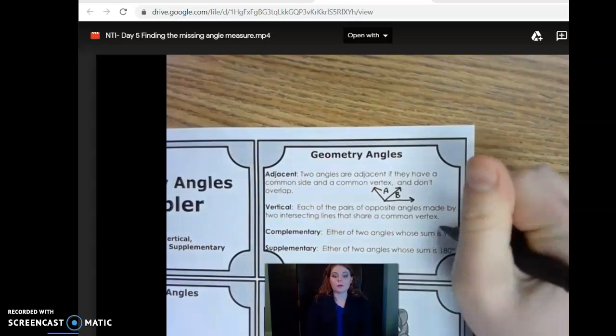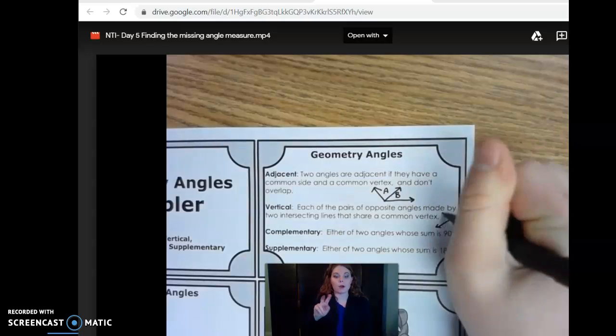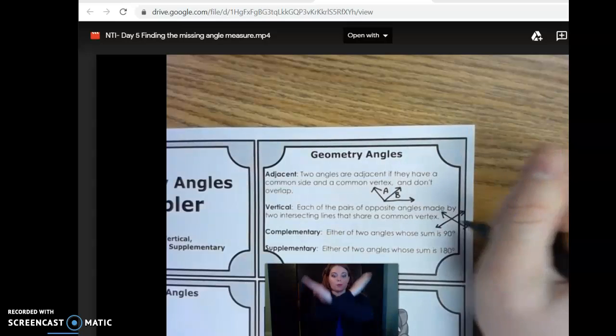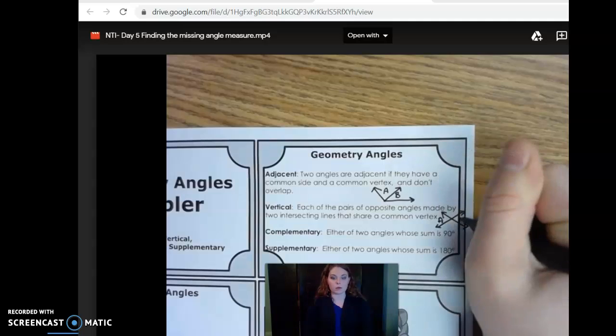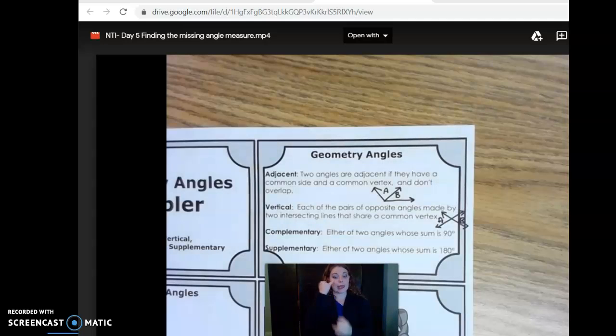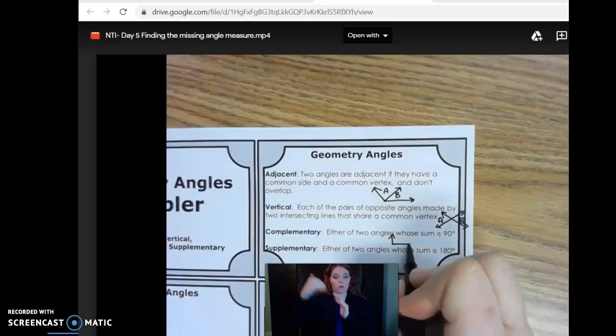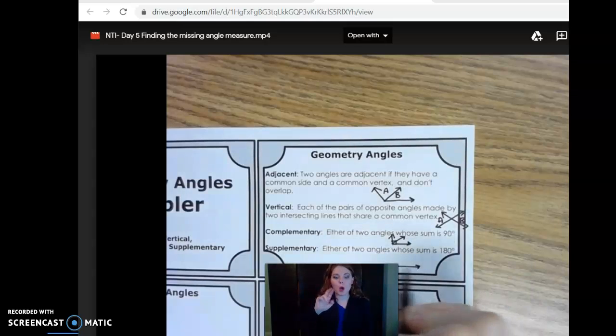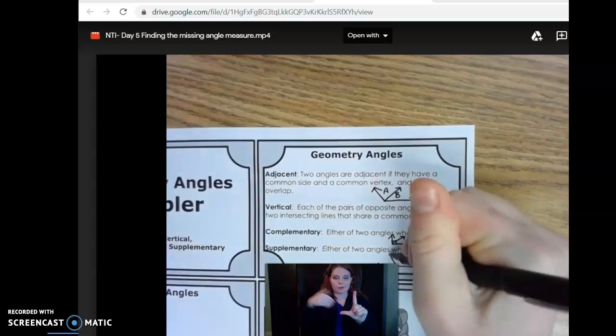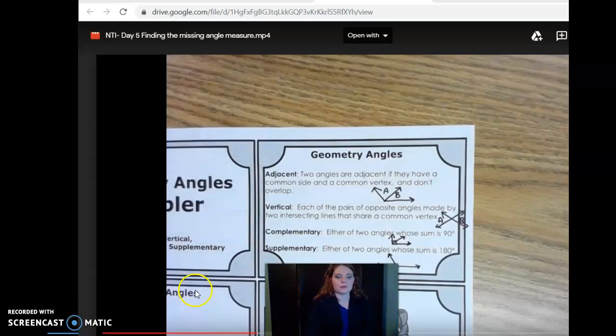Vertical angles, you have 2 lines that intersect, and when they're across from each other, they're equal. Complementary has a right angle split up, and supplementary is 180 degrees when you add them together.